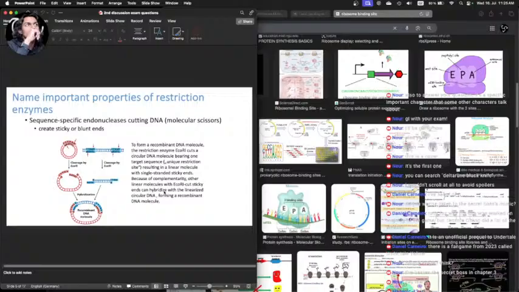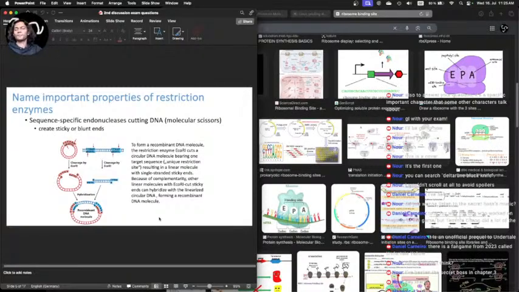The restriction enzyme EcoR1 cuts a circular DNA molecule bearing one target sequence, resulting in a linear molecule with single-stranded sticky ends. Because of the complementarity, other linear molecules with EcoR1-cut sticky ends can hybridize with the linearized circular DNA.